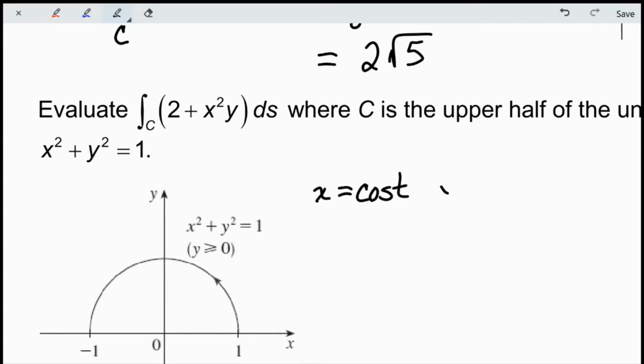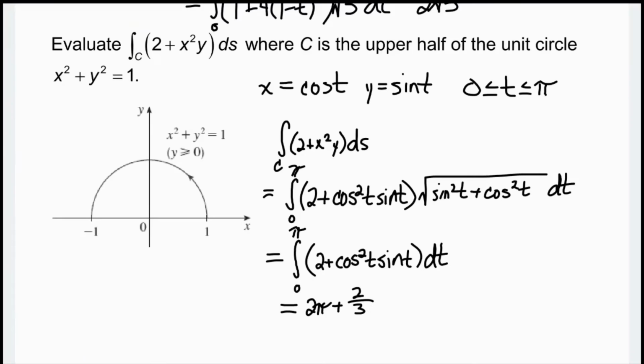I'm going to say my y is sine t. And I'm doing the top half of this circle. So I know my t constraints, t is going to be between 0 and pi. Okay, so what I want you to do is pause the video, set this up, and solve it out. You should find that this is a fairly simple process.